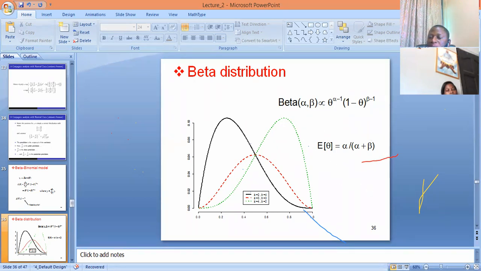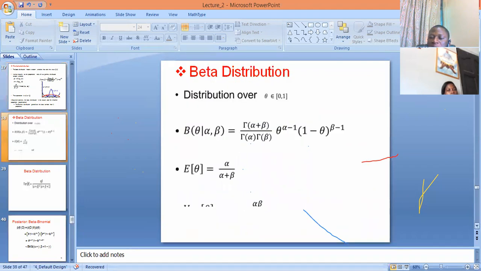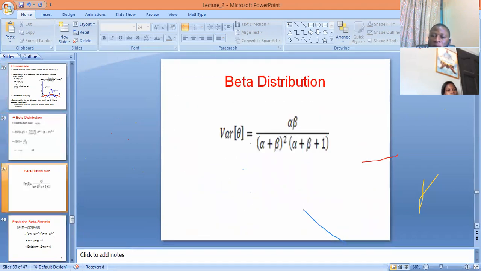If you choose different values of alpha and beta, these are the kind of shapes that you are going to get. We shall play with these things, those of you who will be doing this in the next semester. This is the same as the beta distribution, just more information on that, but it doesn't change anything. Then the variance of the beta distribution is given as this. So if I multiply the prior distribution, yes.